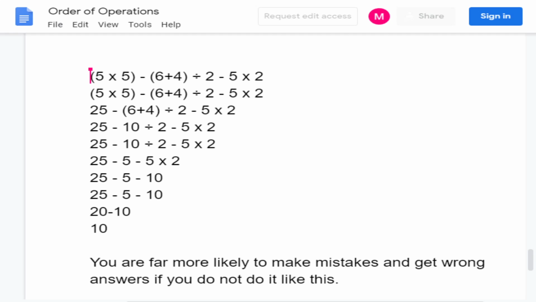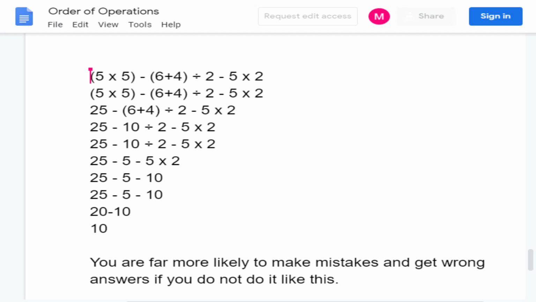So you only want to do one step per line, and then write the whole equation out again with the answer to that step. So the first two lines are the same. But if we start from the second line, we do 5 times 5, and then we get 25. The rest of the expression stays the same. Then the next line, we do 6 plus 4, and then it's 10.